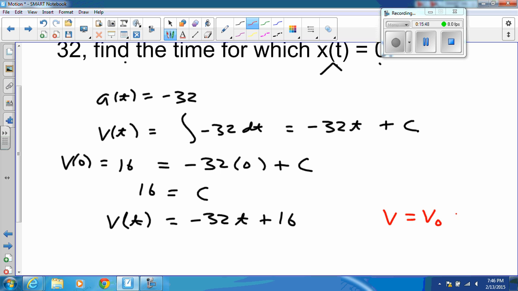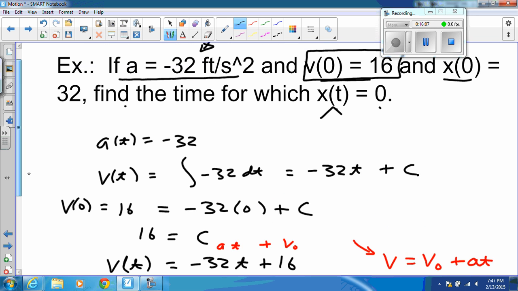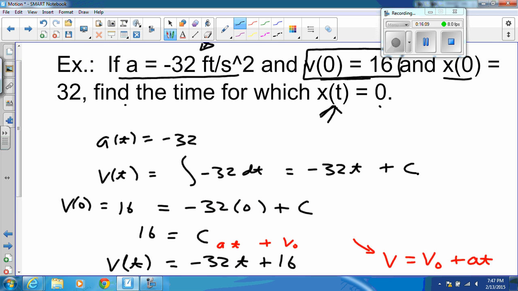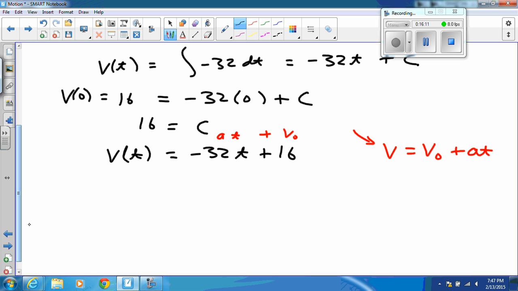Just like this. Those of you who are in physics will probably recognize the equation v equals v0 plus at, sitting right there. And where this equation comes from is from integrating a constant acceleration.